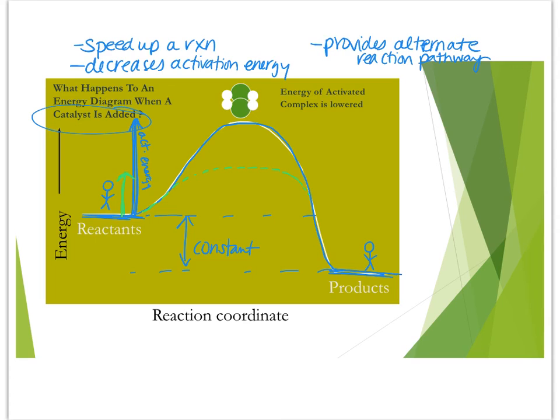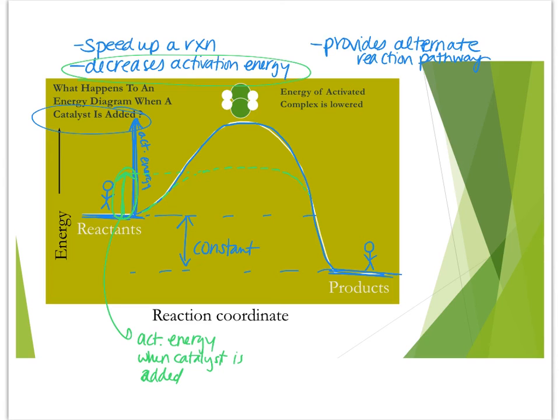So this shorter hill that I have to climb to reach my new crest, that's the activation energy when a catalyst is added. So it's less activation energy than I need.